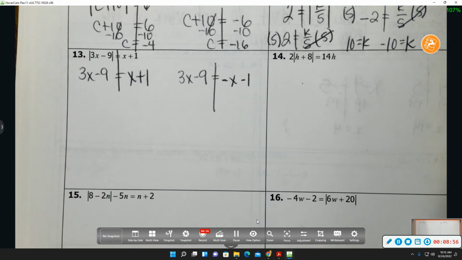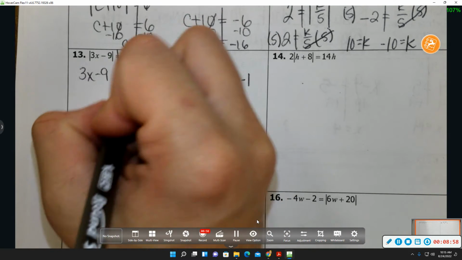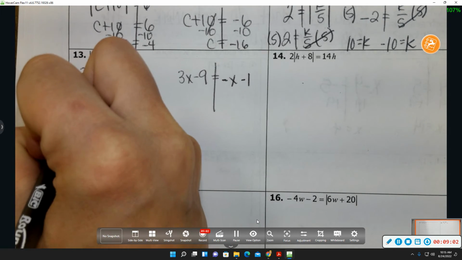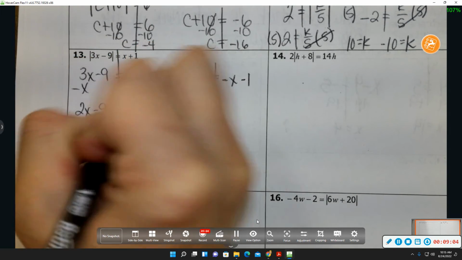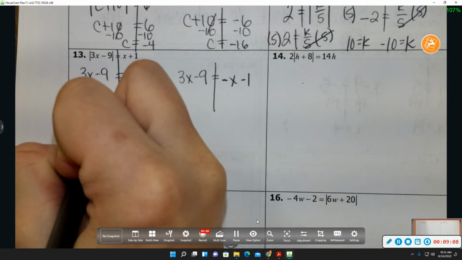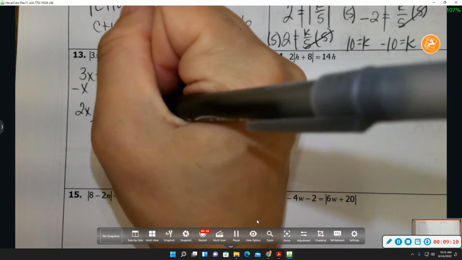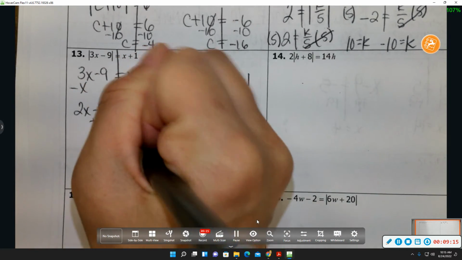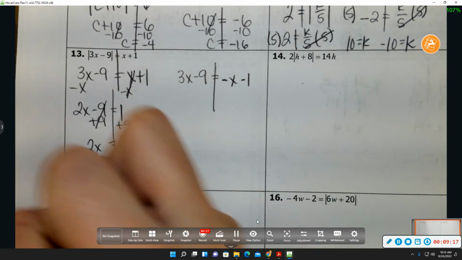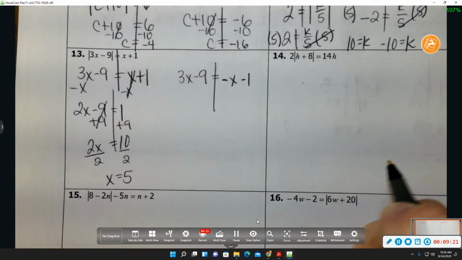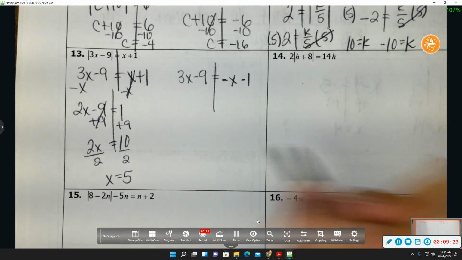And then it's just equation solving from there. I'm going to move my x to the left by subtracting it, move my constant to the right, and then divide. So there's one of my answers.